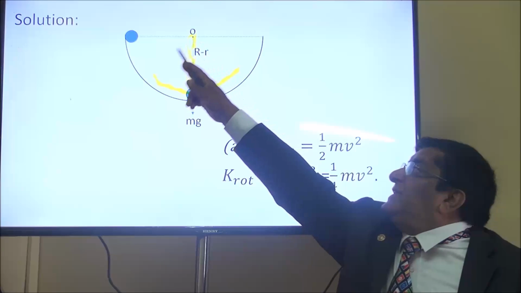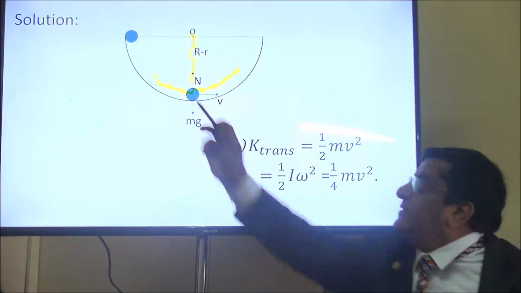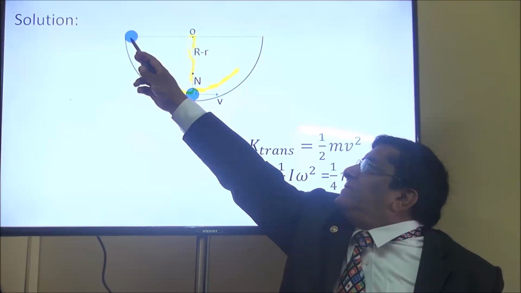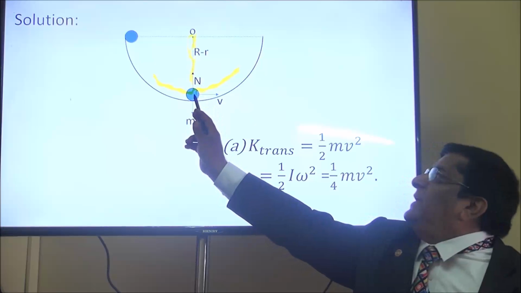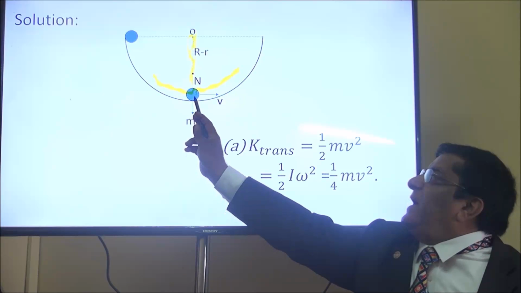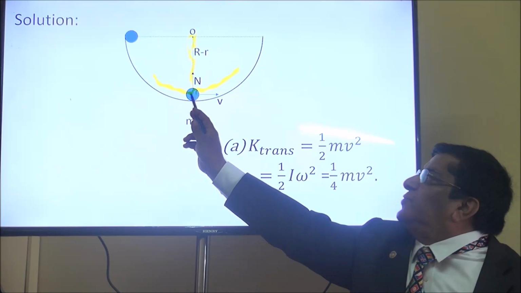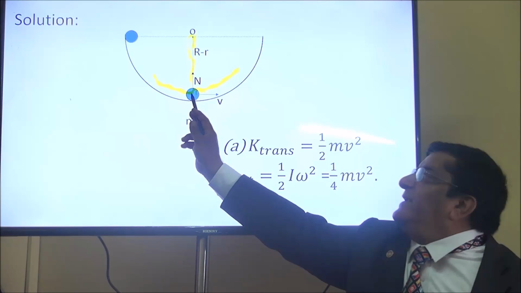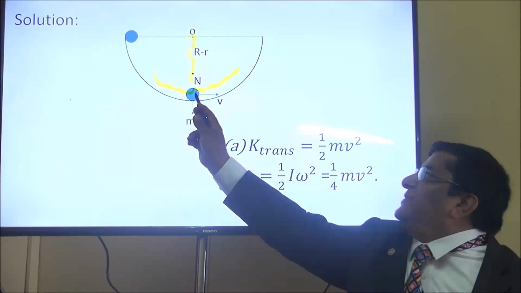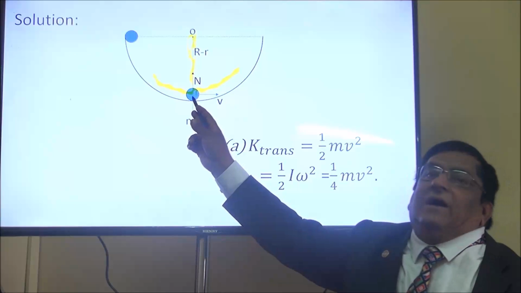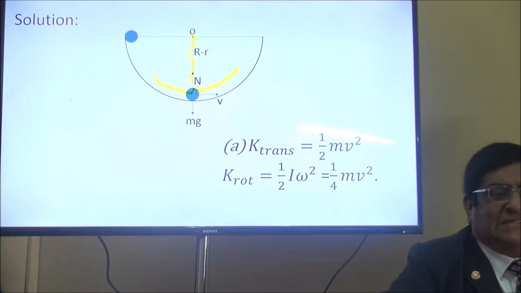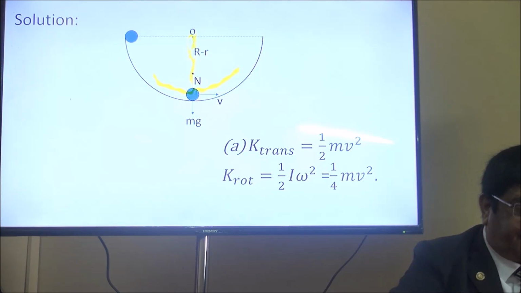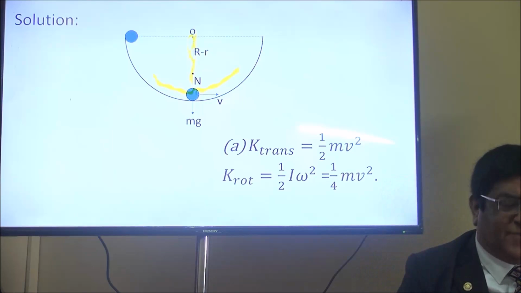So the center, which was here, has come here. Up to this it is capital R, this is small r, so the remaining is R minus r, and that is the radius of rotation, and that is the height up to which it has come down. So in all the cases it will be R minus r and not 2r. Understand? Okay. We have to take up to the center of mass.